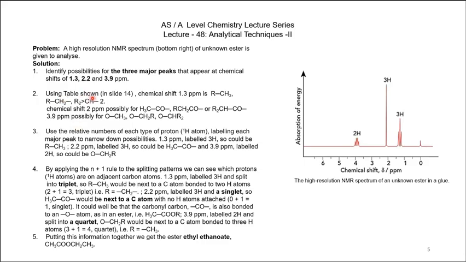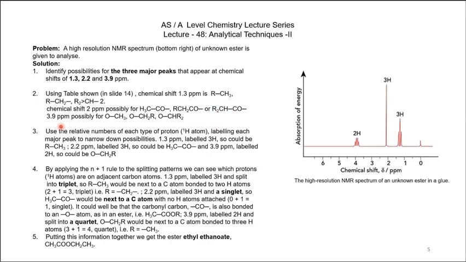So using the table, we get a chemical shift of 1.3. For 1.3 ppm, it could be RCH3, RCH2R or R2CH. The chemical shift of 2.2 could possibly be CH3CO, RCH2CO or R2CHCO.